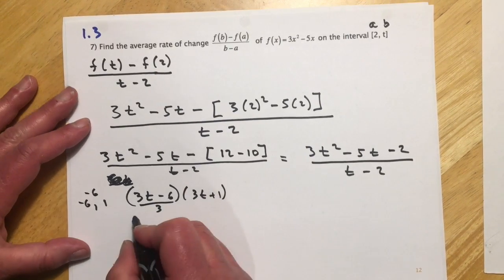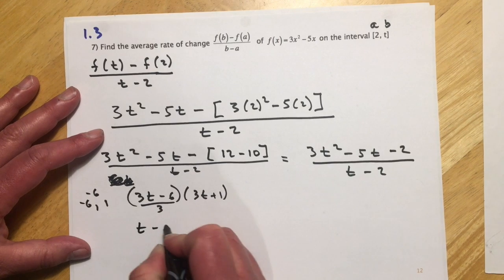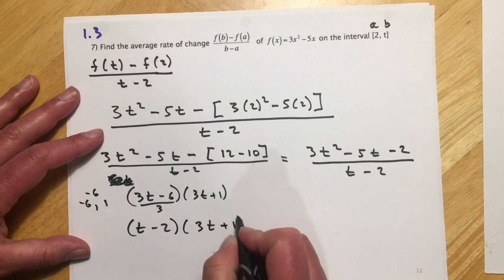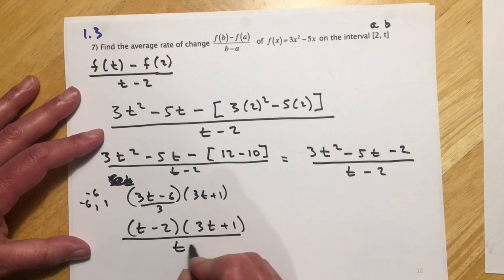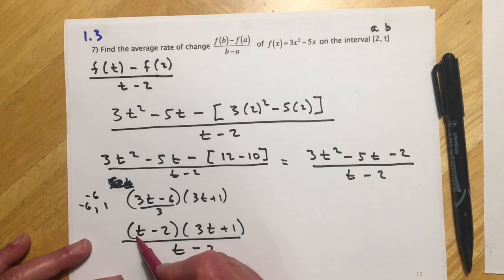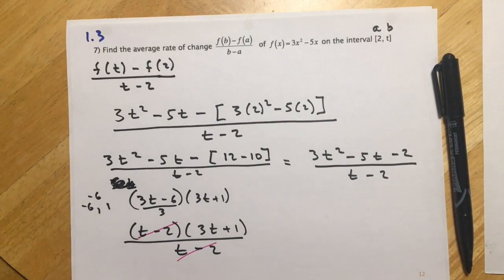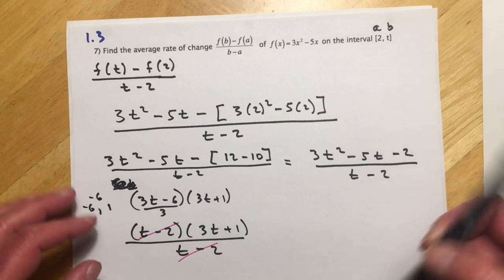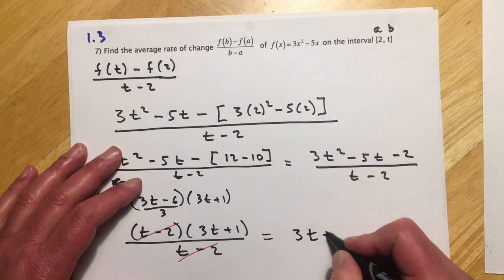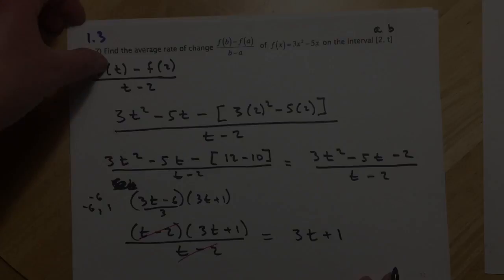Divide out the fake 3, and we'll get t minus 2, and then 3t plus 1 over t minus 2. Canceling those, and I have 3t plus 1.